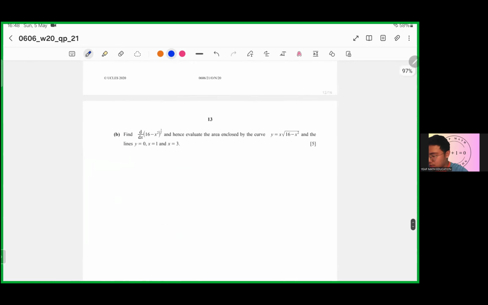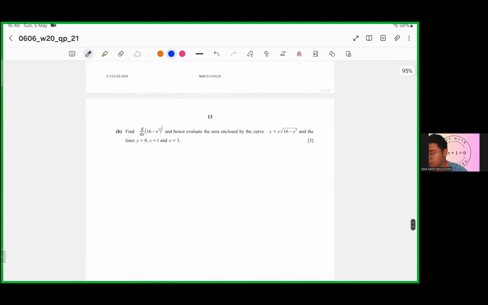Okay, so now we'll do the next part. Find d/dx of (16 minus x squared) to the power 3 over 2. Hence, evaluate the area enclosed by the curve y equals x square root of 16 minus x squared, and the line y equals 0, x equals 1, and x equals 3.